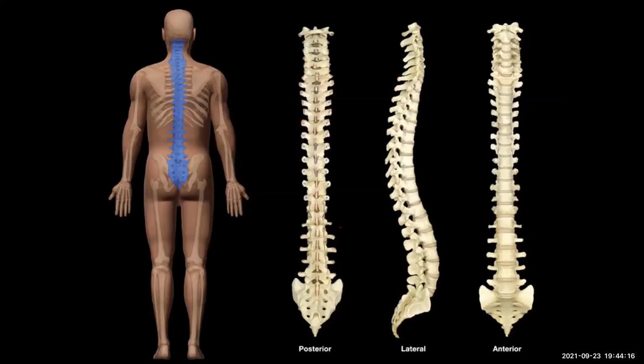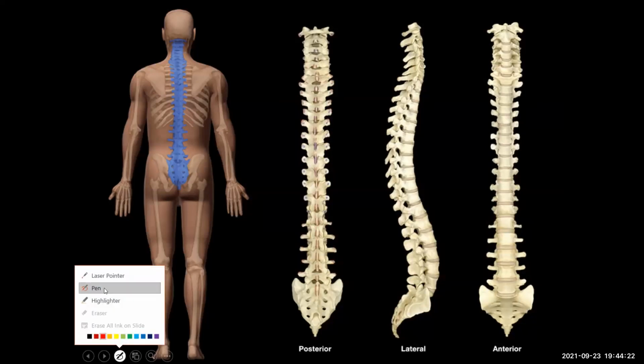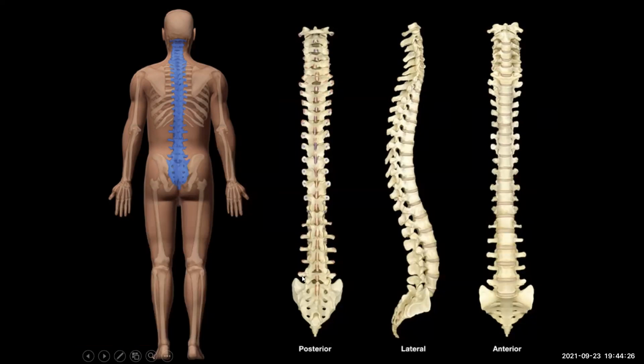So you can see a couple different views here of the vertebral column. All right, we have an anterior and a posterior view, and then a lateral view. Now, when you're looking at the anterior and the posterior view, it's pretty much straight up and down. But you notice when you're looking at the spine from the side here, we have these curves, and those curves are necessary. We need to have them.